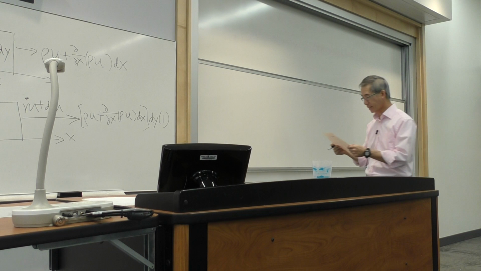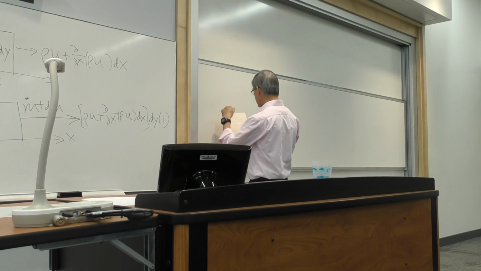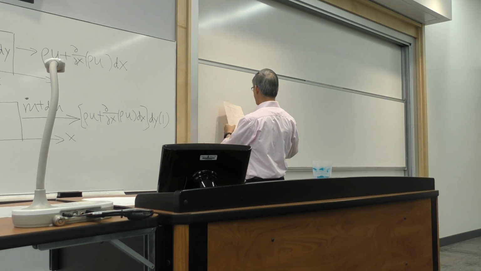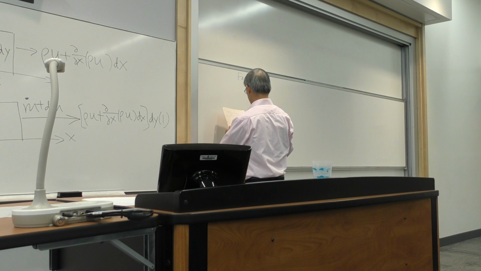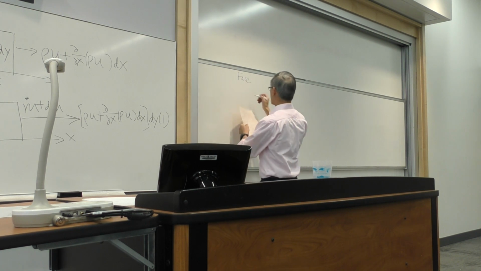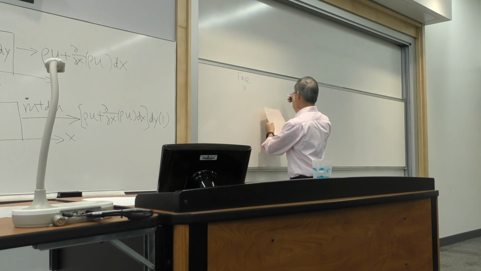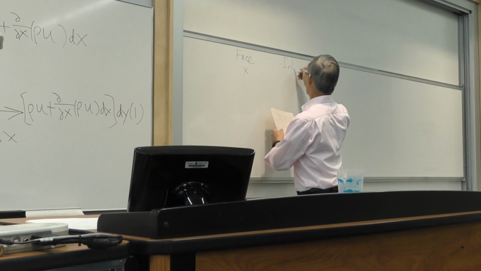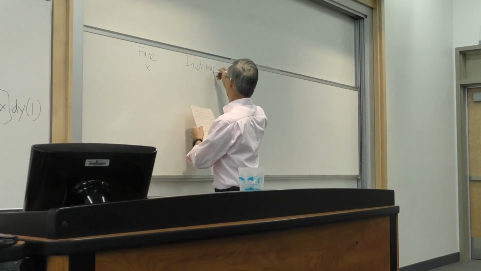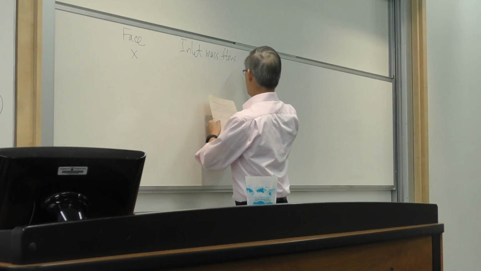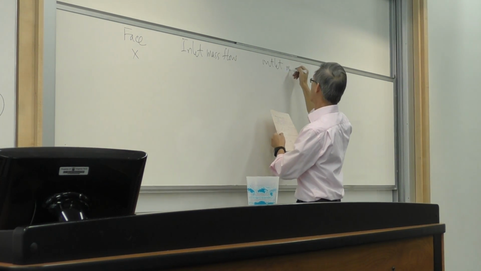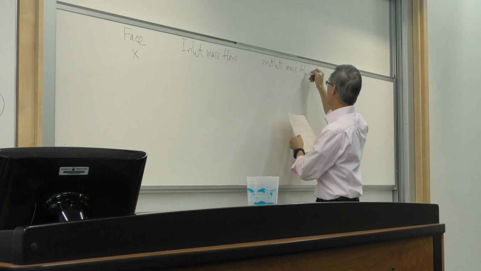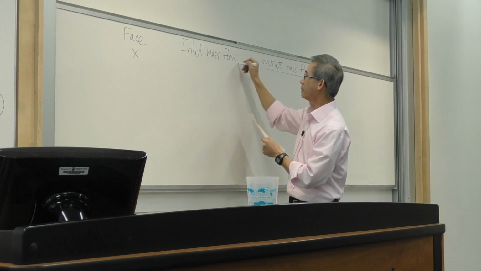Okay, so now I can create a table where I call the phase XYZ and I have two other columns, outlet and inlet mass flow, as dictated by that diagram.